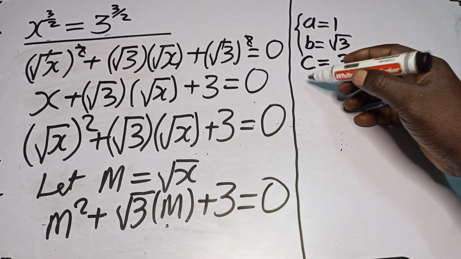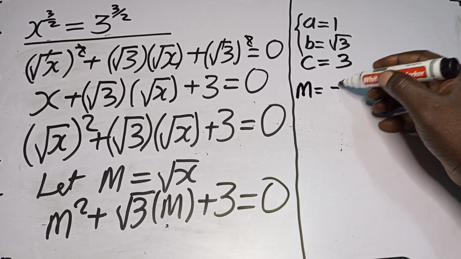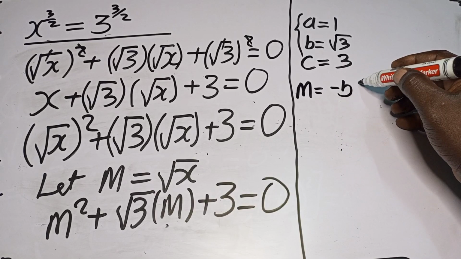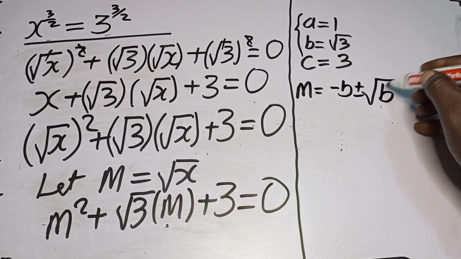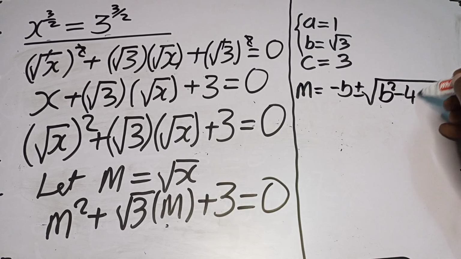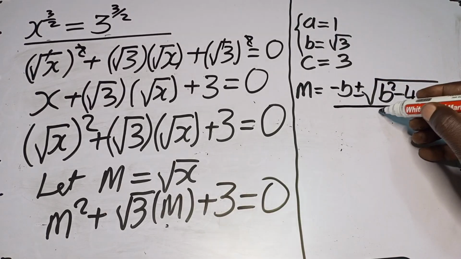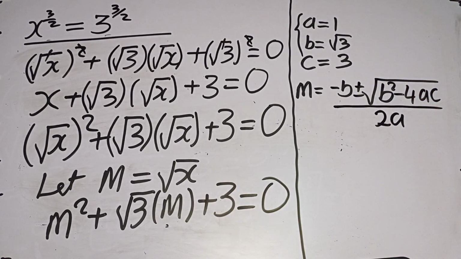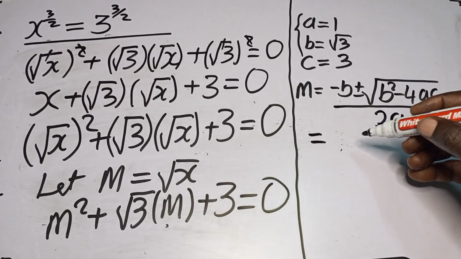With this, we now apply the quadratic formula in terms of m. It says m equals minus b plus or minus the root of b squared minus 4ac all over 2a. Let's put in the values of a, b, and c carefully.